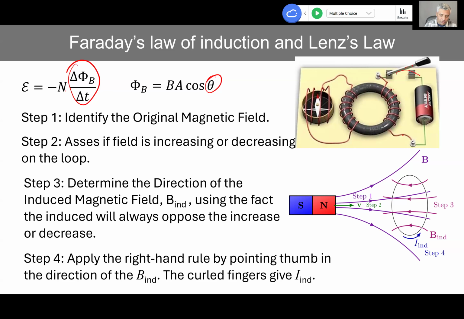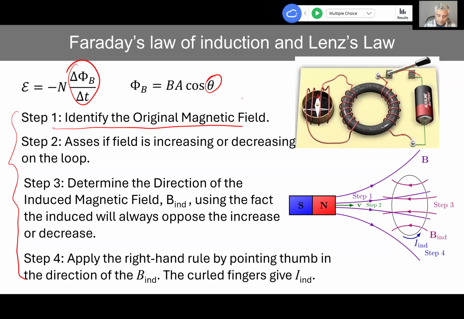And for that, we have to go through this 4-step process to do it properly. Whether the circulation is going to be clockwise or counterclockwise, there is always a 50-50 chance. But to actually find it out, you have to go through these 4 steps, and they are not that bad.